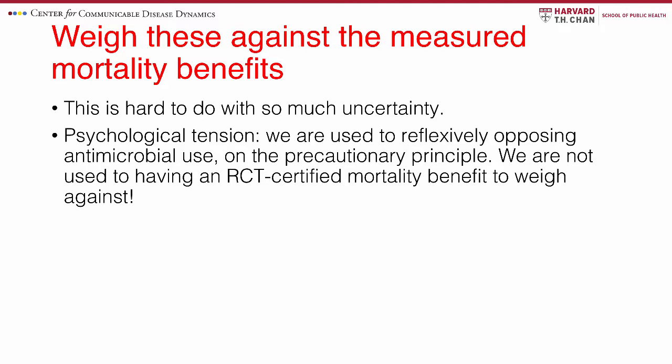I think it's worth pointing out that we experience a certain psychological tension because we're all trained to oppose antimicrobial use on a sort of precautionary principle, especially in settings where there's no clear bacterial etiology causing the syndrome that we're trying to treat.